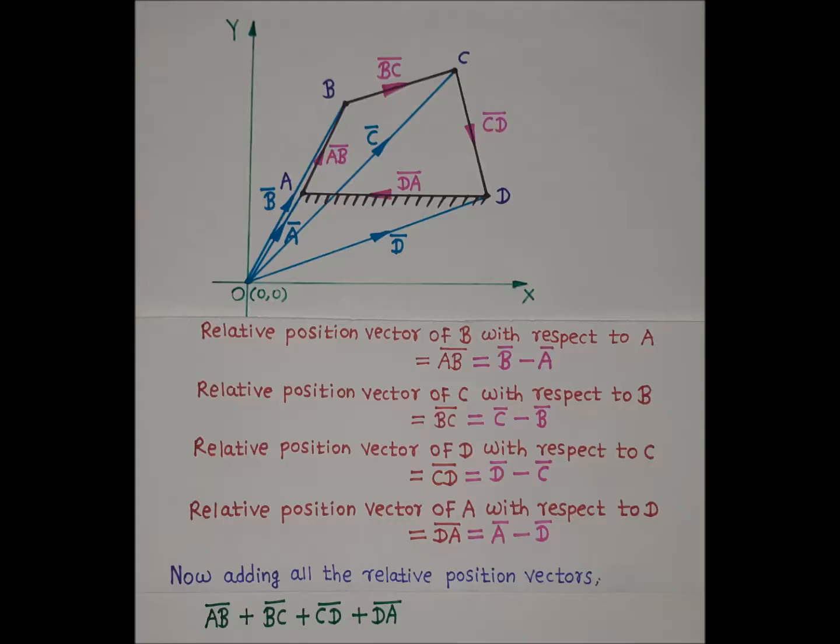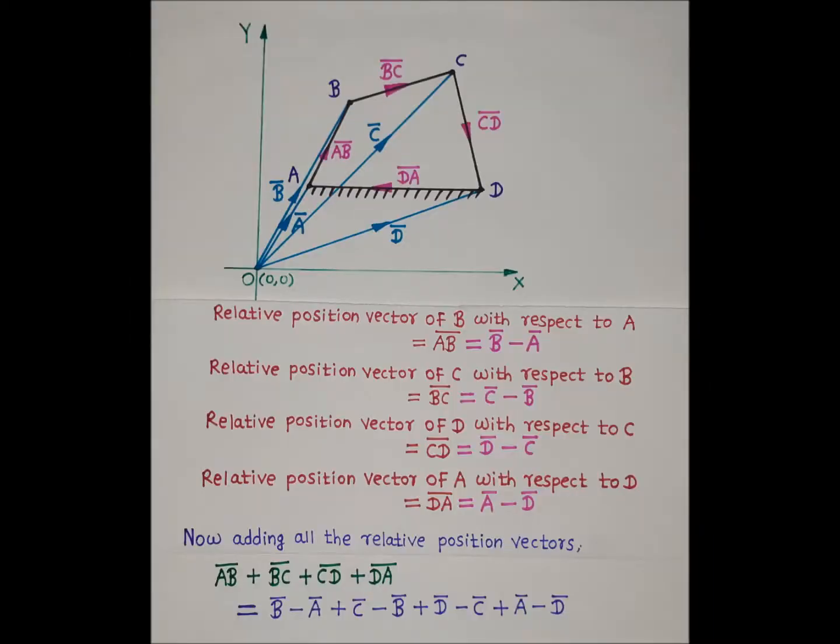Okay, so instead of AB bar, what we can put is B bar minus A bar. So same thing is done here. And for BC bar, we can substitute C bar minus B bar. Okay, and for CD bar, what we can write is D bar minus C bar. And for DA bar, we can write A bar minus D bar. Okay, so same thing is done here.